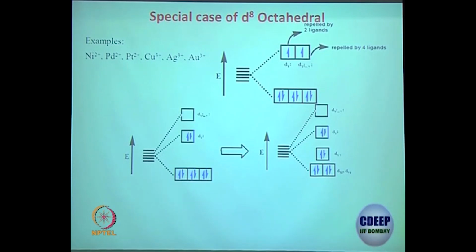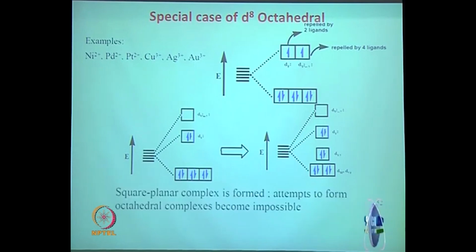Okay? Because of the Z, you will see a square planar complex is formed, because Z will get stabilized. As you can see, the Z orbital would otherwise get destabilized. This is an unfavorable situation, a situation which cannot be tolerated.